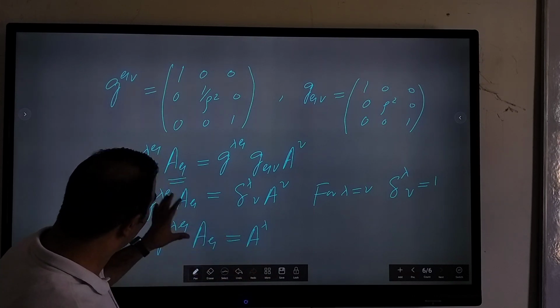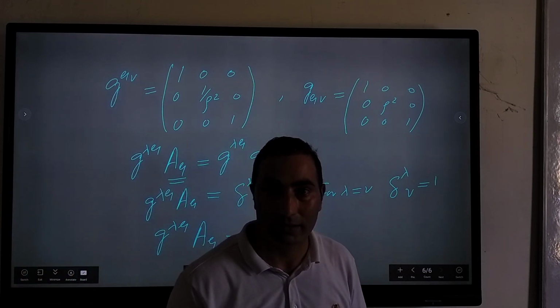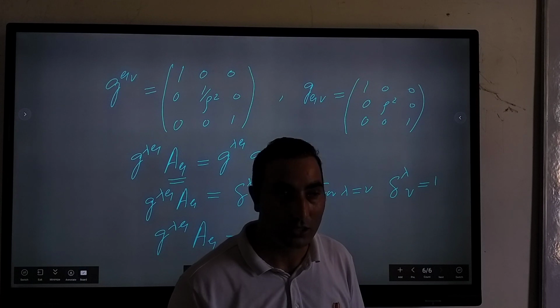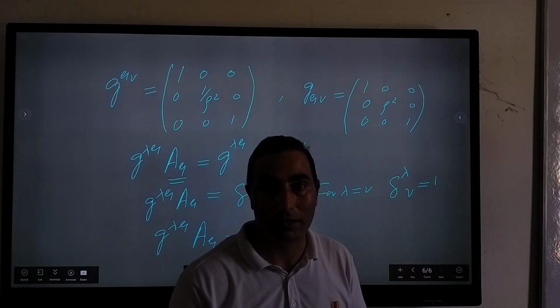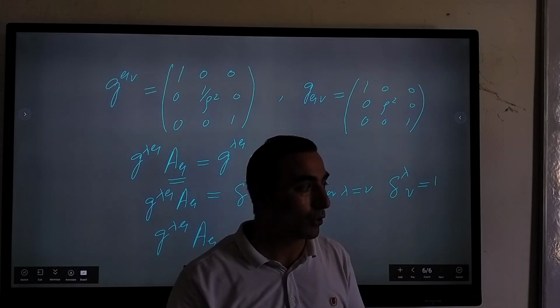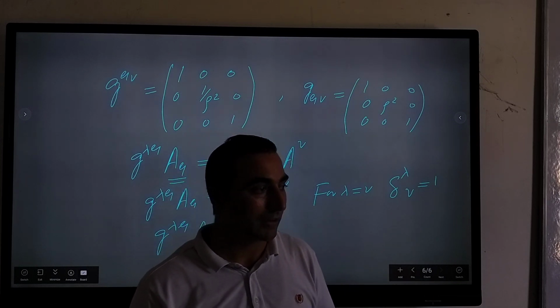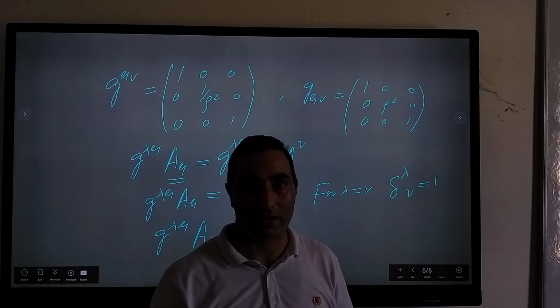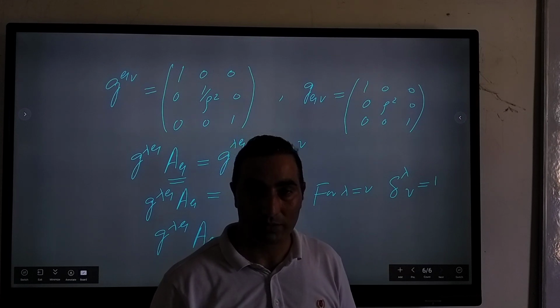Okay. So that means if you want to calculate the dual vector, you can calculate it by multiplying the matrix element to the regular vector. Or if you take it in reverse, if you want to calculate the regular vector, you can calculate that vector by multiplying the inverse of this matrix G mu nu, right?